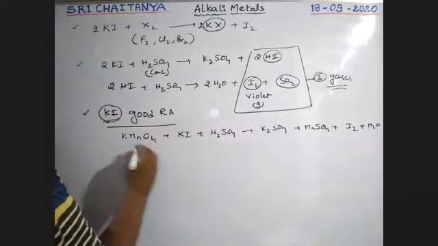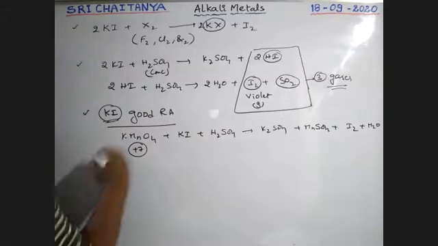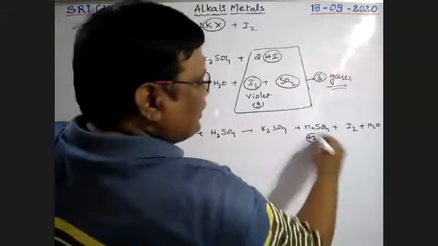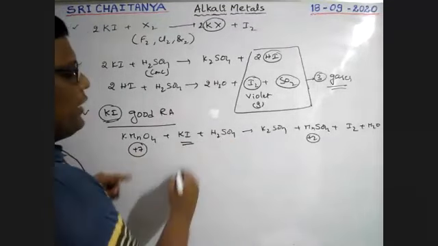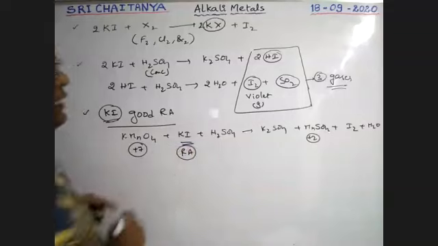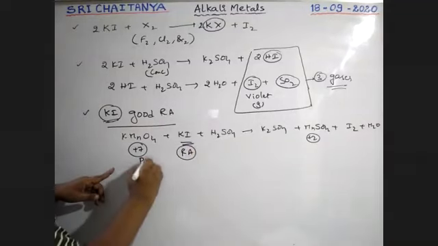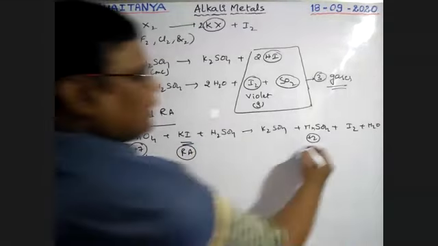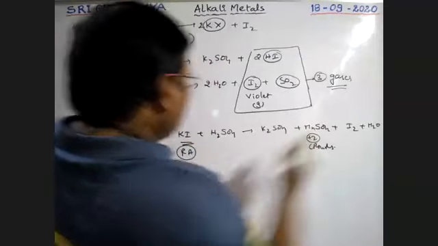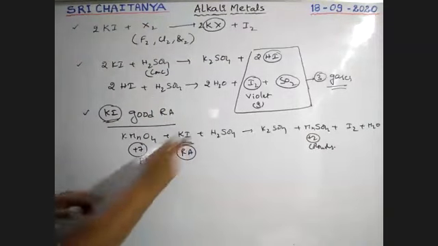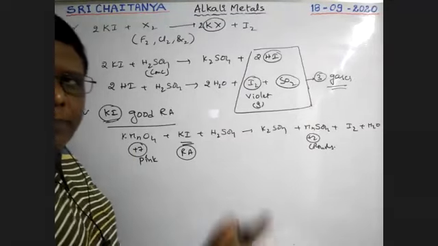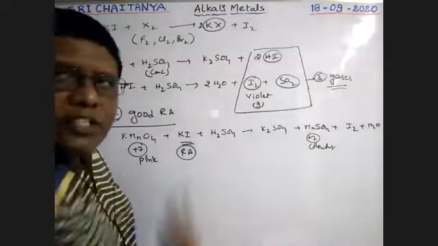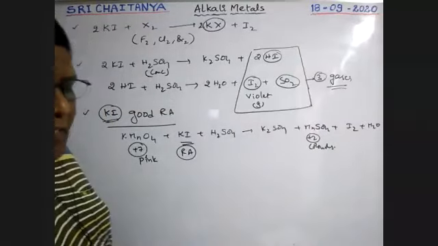Here Mn is in the +7 oxidation state, but in the product it is in the +2 oxidation state. So Mn is reduced with the help of potassium iodide, therefore potassium iodide acts as a reducing agent. KMnO4 is pink in color and MnSO4 is colorless. That means potassium iodide decolorizes the pink color of KMnO4 because of this reaction. Please balance it yourself.